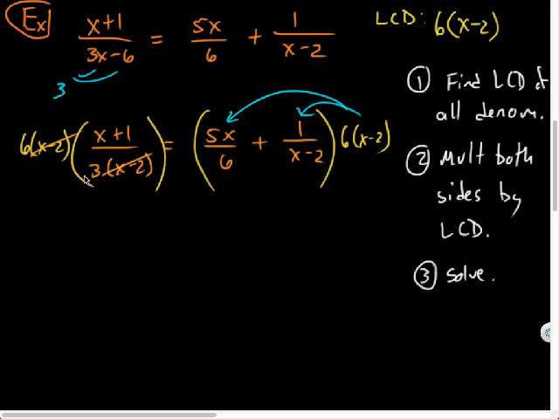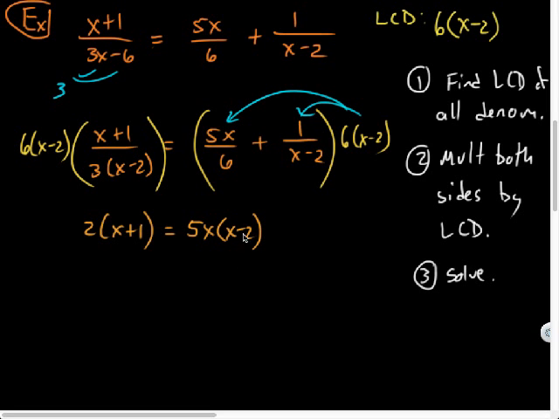But anyways, when I divide here, the x minus 2's cancel. 6 divided by 3 is 2, so I'd be left with 2 times (x plus 1). I'm not even going to multiply that out. I'm just going to take my time so it's obvious what each step came from. Here, when I multiply by 6(x minus 2) divided by 6, what cancels out? I'm left with x minus 2, so this is going to be 5x times (x minus 2).